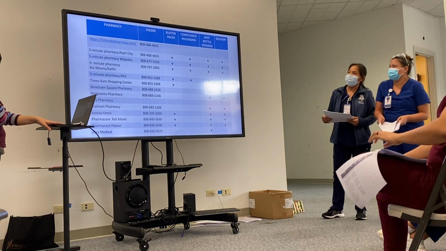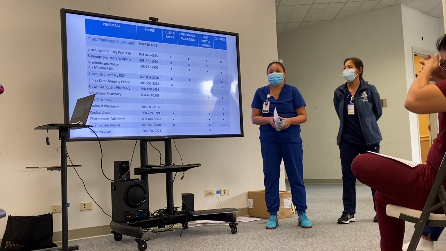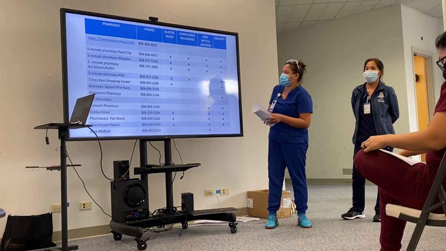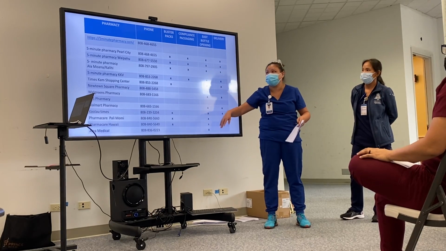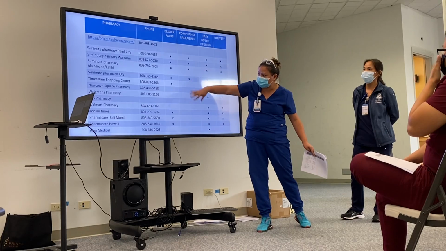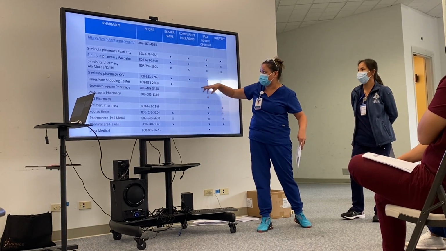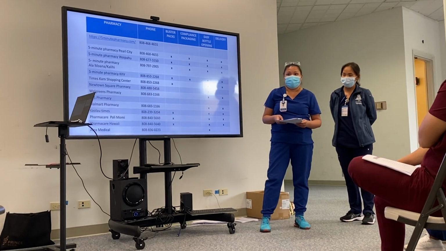So we came up with a list of, I guess, some patients who need a blister pack or compliance packaging, or any of these. We came up with a list of pharmacies across Oahu where they actually provide these things for them.